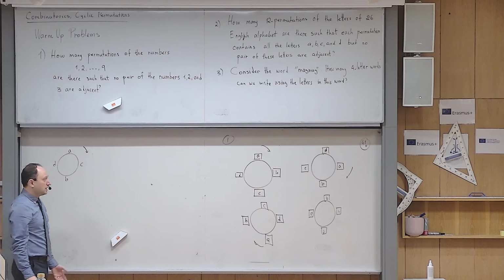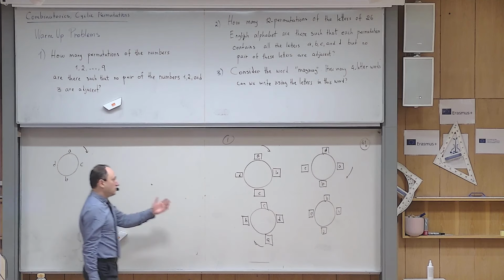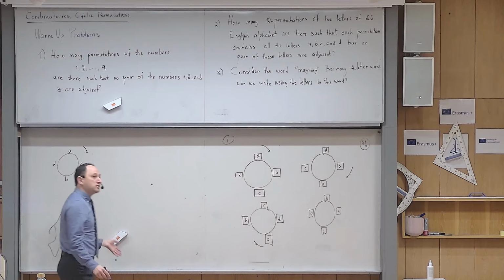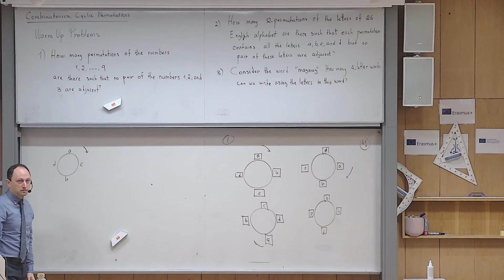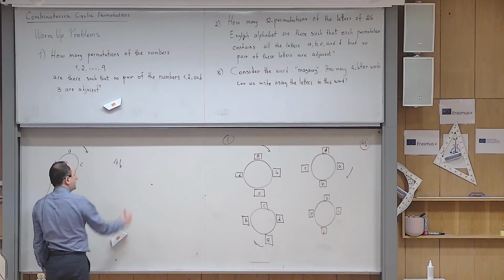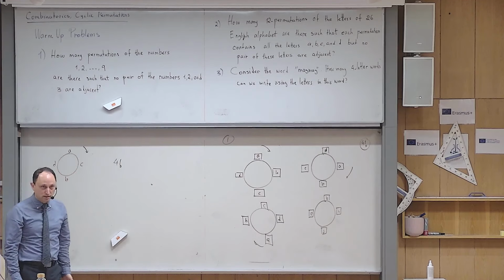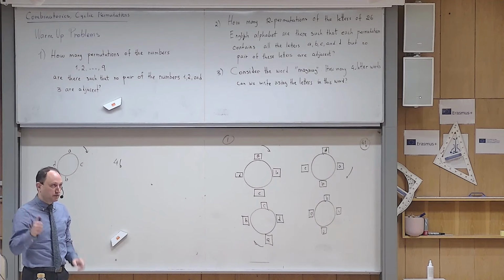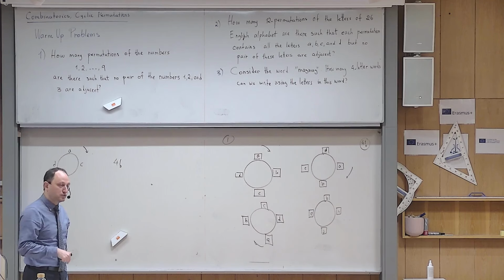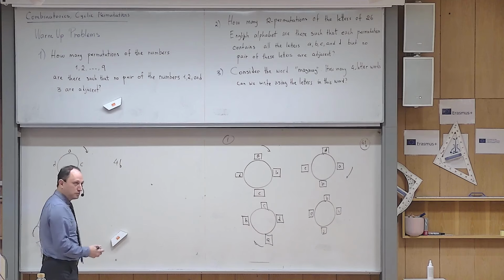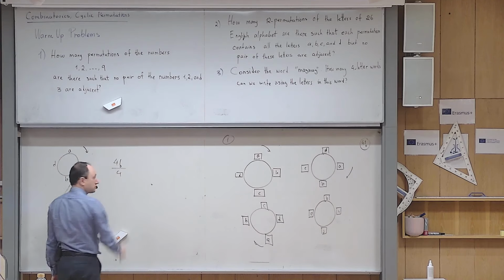Okay? So let us assume that you are patient and write all these circles. How many circles will you have at the end? 4 factorial. Yes? But are all these 4 factorials distinct for my case? No. Every 4 of them is now 1 item. So what is the answer to this problem now? 4 factorial divided by 4. That's the answer.